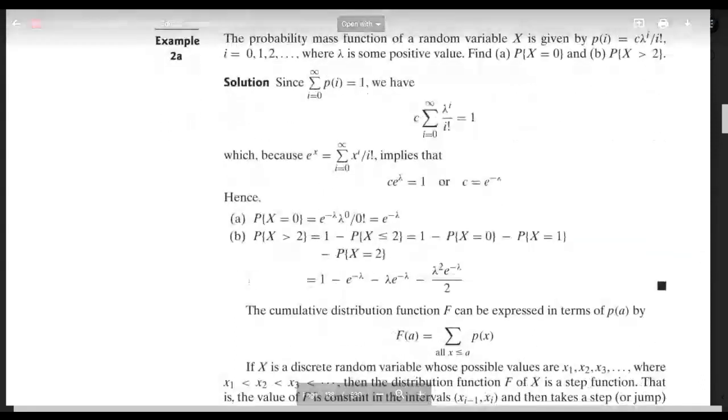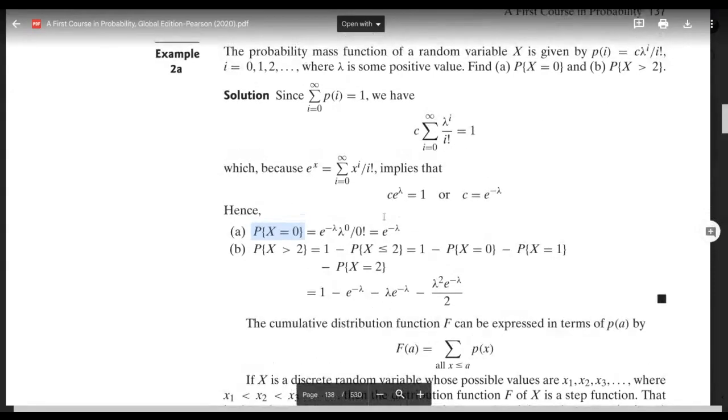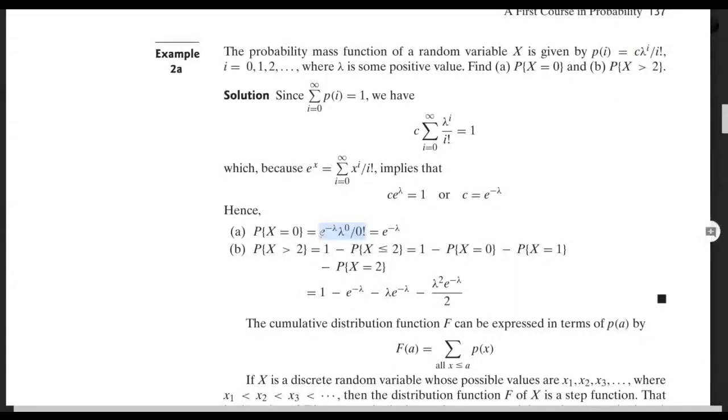Okay, so hence we can plug in, right? If x equals 0, we have c now, which is e to the negative lambda, times lambda raised to 0, i equals 0, divided by 0 factorial.